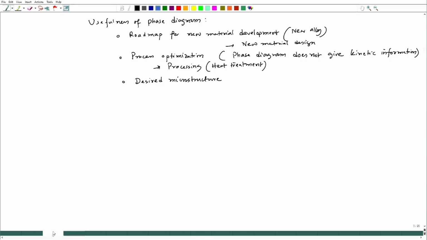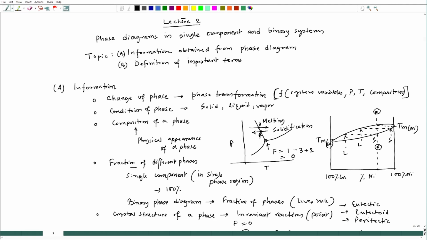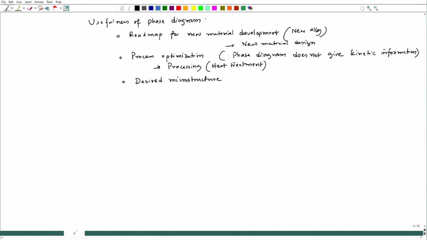For example, if I look at this binary phase diagram and come from top to bottom, we can see that the first phase that appears from the liquid will be a solid, and that will be richer in nickel. So, that information I can get. That means I can get the desired microstructure, how much fraction of different phases I would need.